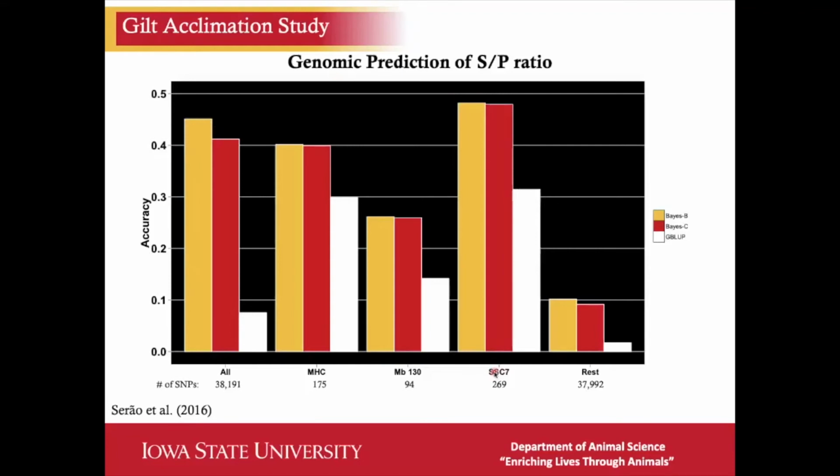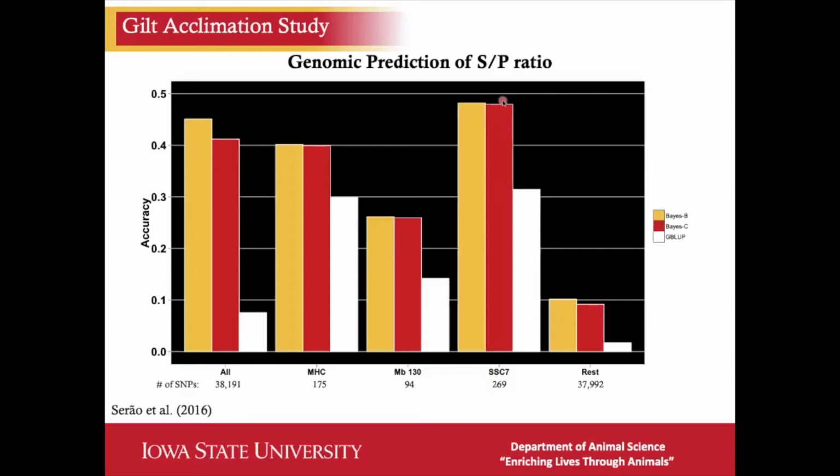And we have an accuracy of about 50%. So by only using a few genetic markers, we have a very nice accuracy of identifying the best animals. Therefore, we can potentially use genetic markers to identify which animals have the highest antibody response to PRRS.